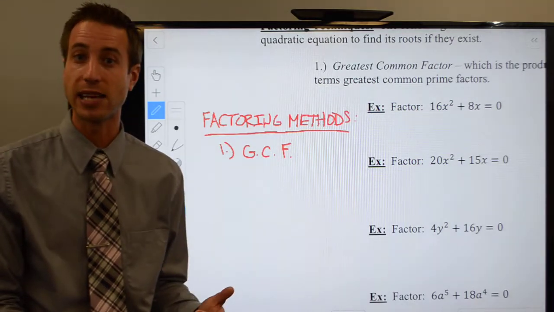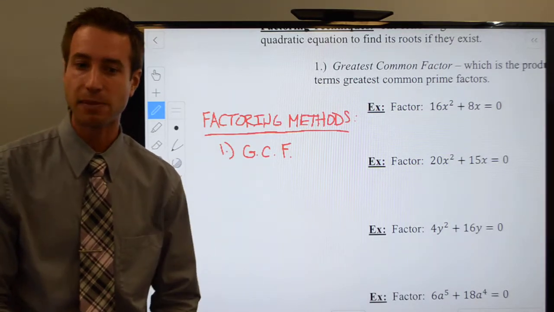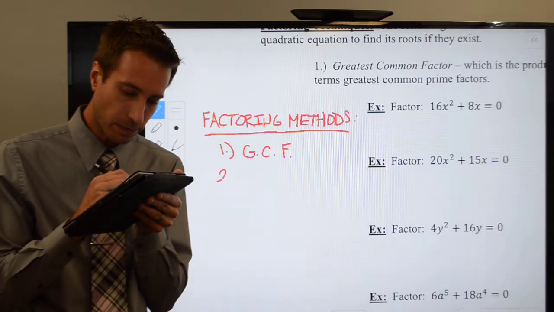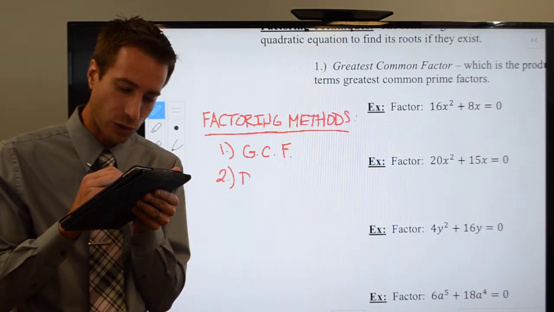If I don't have a GCF, then we have to move on to the next method, which for us is going to be a difference of squares.